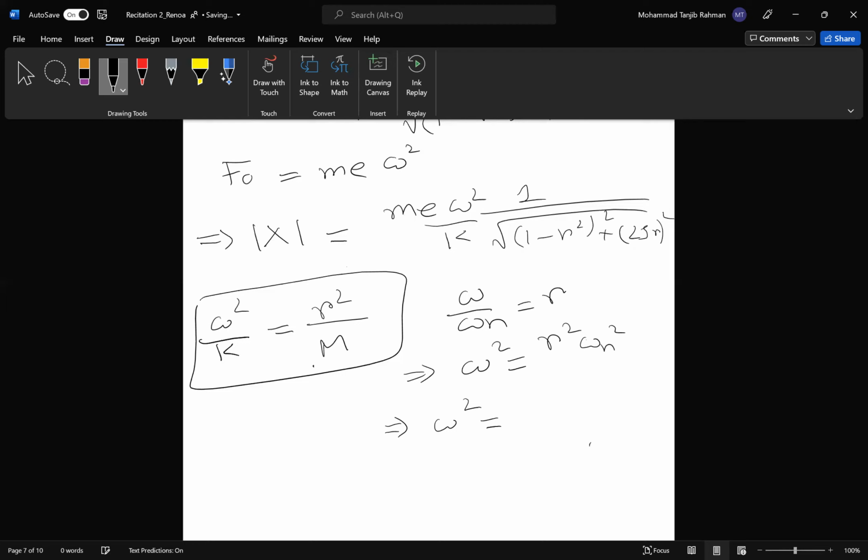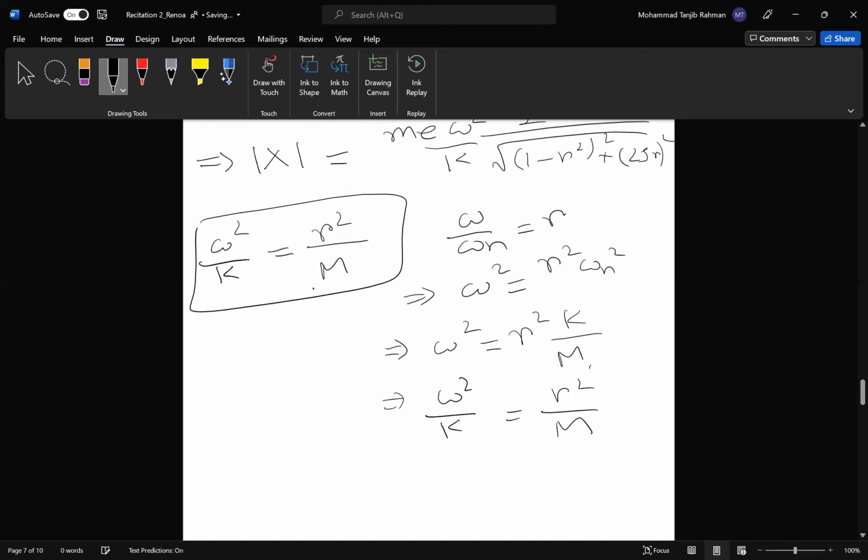So omega square can be written as R square times K by M. So that's how we got omega square by K is equal to R square by M.